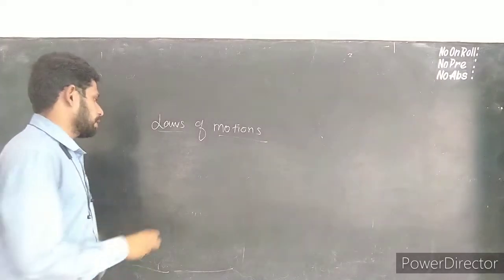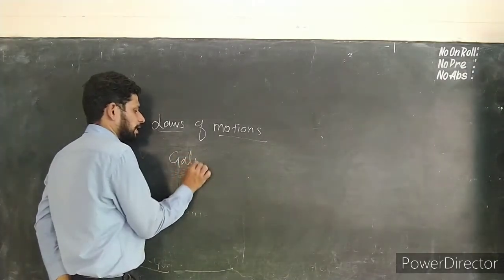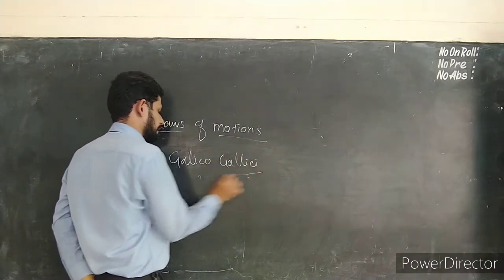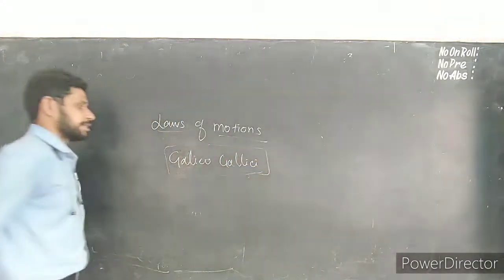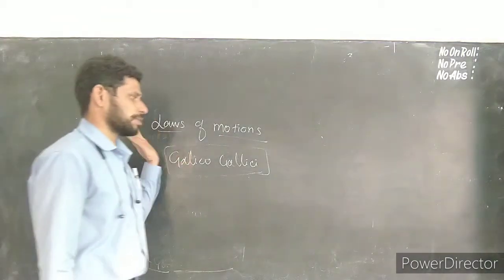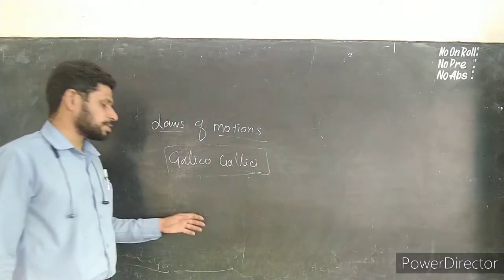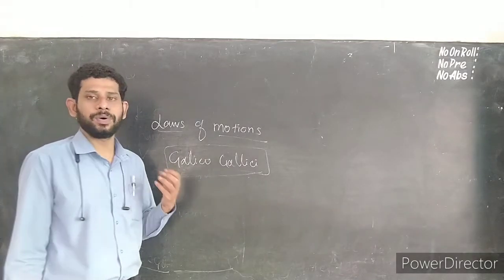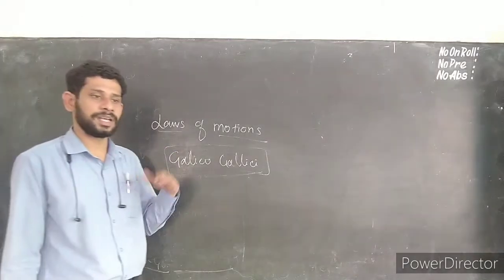Before that, you know what happened when Galileo did. Galileo Galilei is the great physicist. What will happen to a ball or some other thing when it goes on a smooth surface or on an inclined plane?